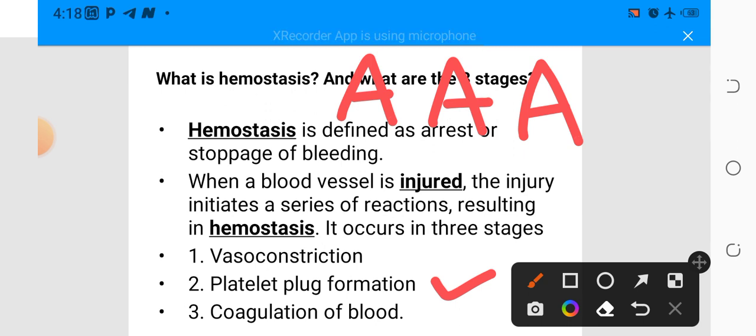Agglutination involves isolation of the injured particles and pathogens. Platelets, meaning they play a role in immunity.